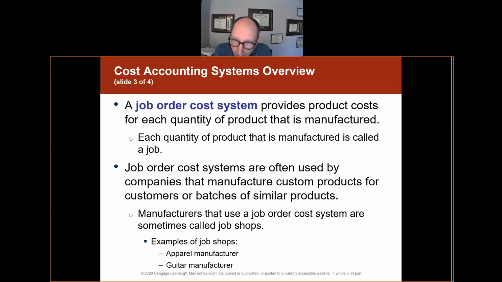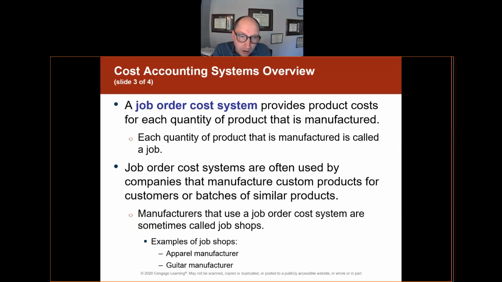That is a job. The costs associated are the costs of manufacturing: direct materials, direct labor, and factory overhead. And those costs are based on the amount of inventory that we are creating for that job.